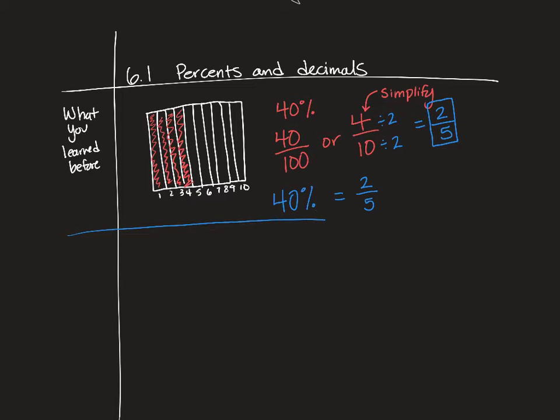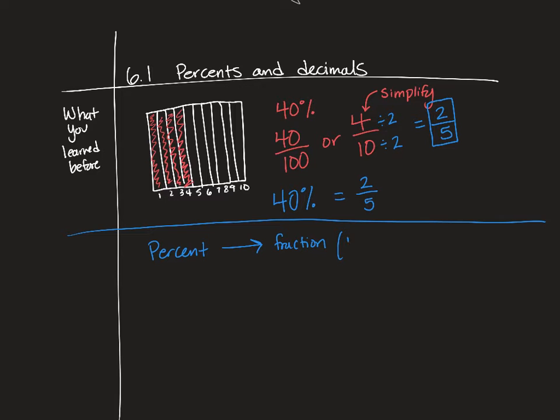So I'm going to just draw a little line here. We're still going to call back to recall what you guys learned in 6th grade. So in 6th grade, you guys learned how to write a percent as a fraction or a mixed number. So a percent as a fraction.